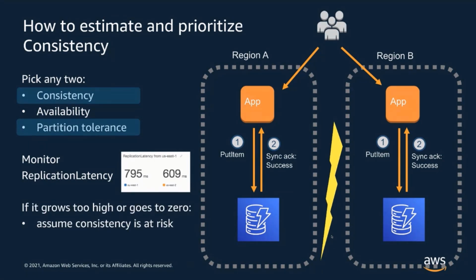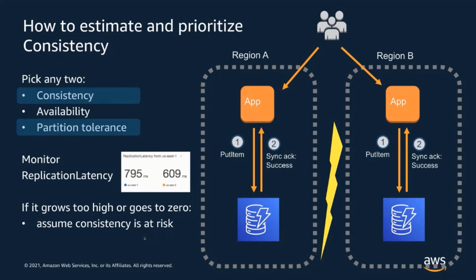It might go to 2 seconds, 3 seconds, 4 seconds, as no traffic gets across. What I've been told by the product team is eventually, if that lasts for a very long time, it might actually also go straight to 0. And that's a big red flag. That's essentially saying replication has given up, it cannot succeed at all.